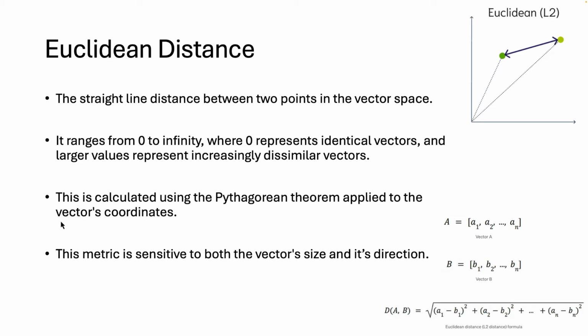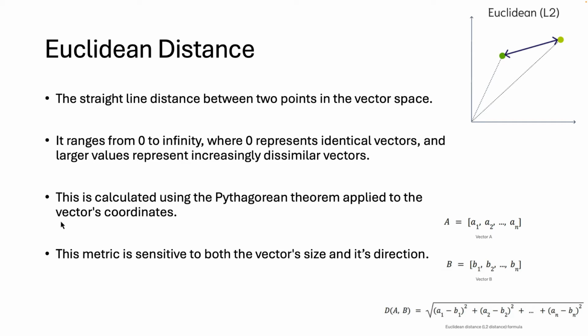The first one, which is kind of the default for an awful lot of machine learning distance measures, is the Euclidean distance. This is effectively a straight line between two different vectors, based on the Pythagorean theorem, where we complete the triangle and measure that distance.